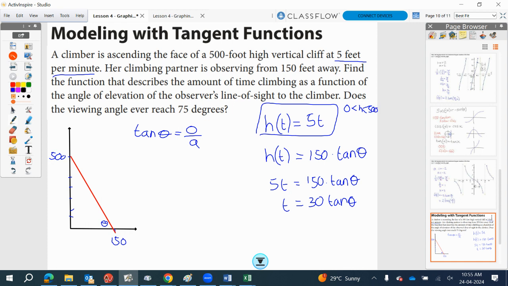That means we need to work out what the angle is when we reach 500 feet. So we can use this. We can say that tan of the maximum angle is the opposite, which is 500, divided by the adjacent, which is 150.